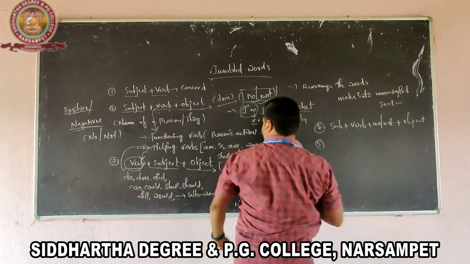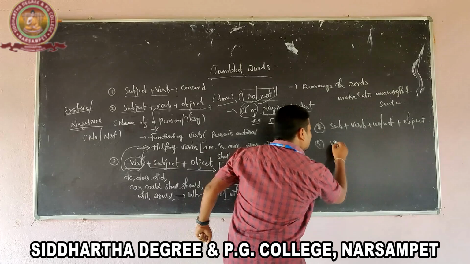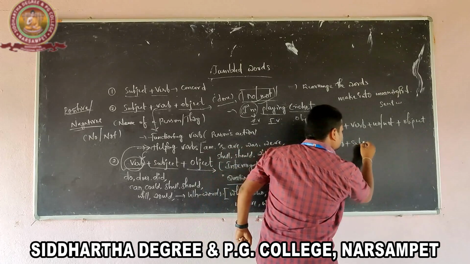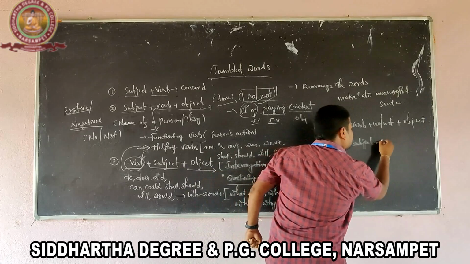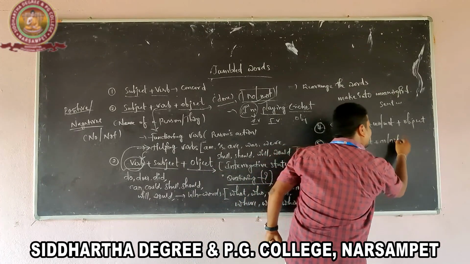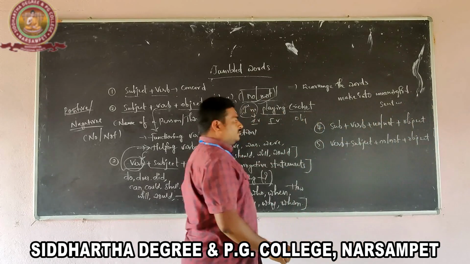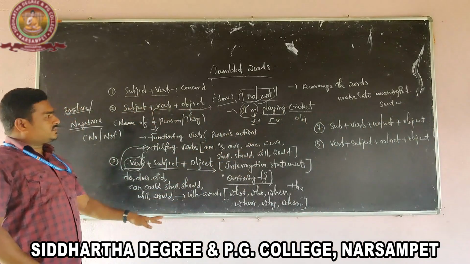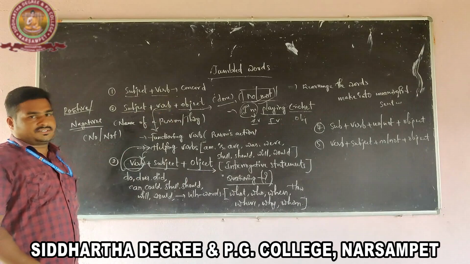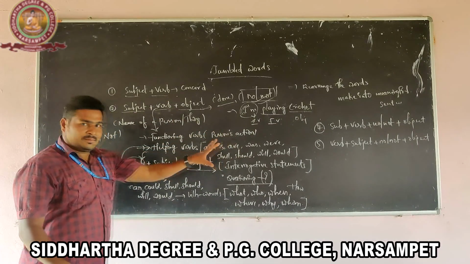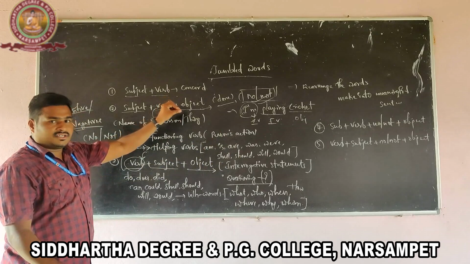And the fifth one is verb place, subject place, no or not place, object. So these are the simple structures to solve the jumbled words. Okay, all of you guys, just remember, these are the 5 important structures to solve the jumbled words here.